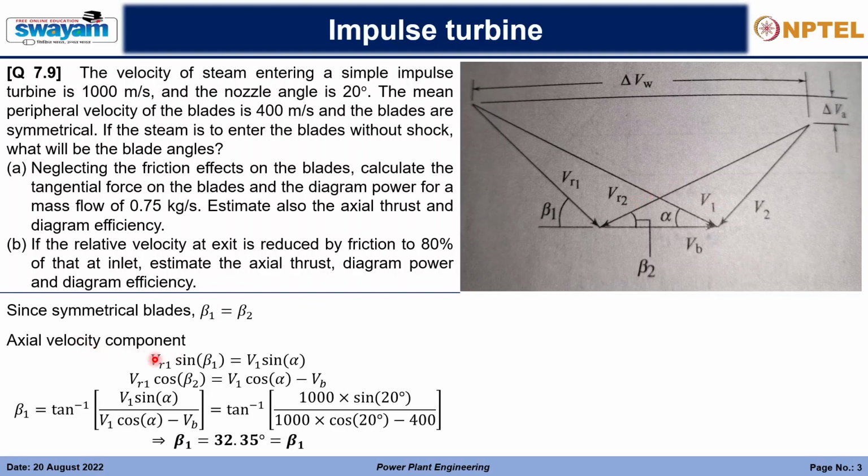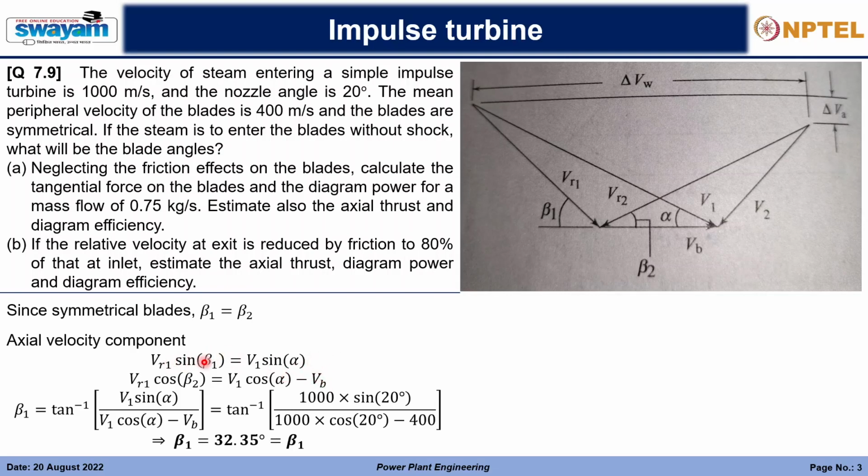Now, the thumb rule is, since we are solving the problem, I will tell you about a thumb rule. First of all, in any case, we will have to find the angle beta 1. We may know the alpha value, but beta 1 is unknown, so we can find that. How? Because we know the value of the blade velocity, the velocity at which the blades are moving.